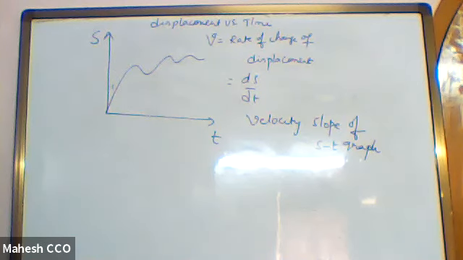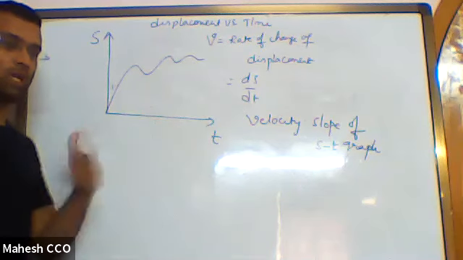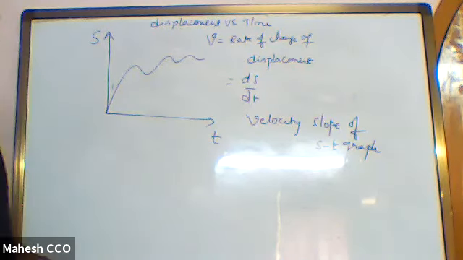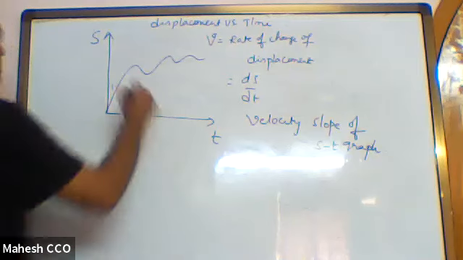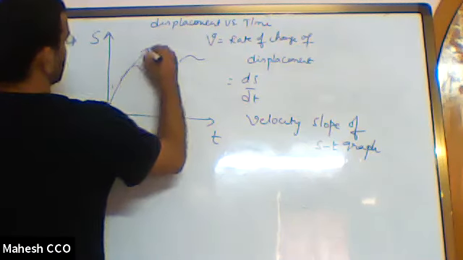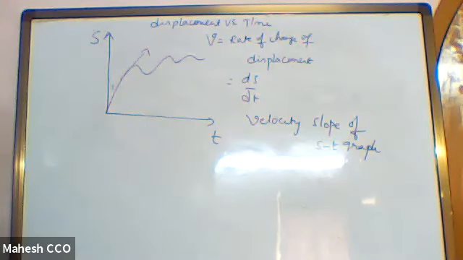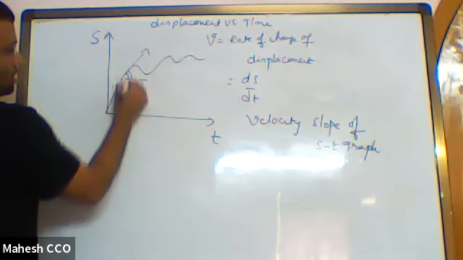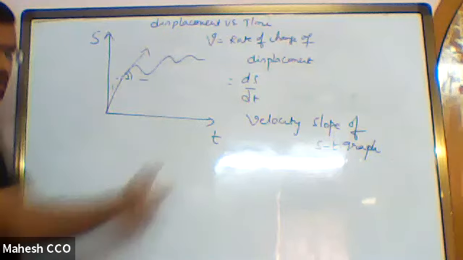Now what all can we comment based on that understanding and this graph? Let us see. If you see carefully, how do you find the slope of the tangent? Draw the tangent first. Take the angle with the x-axis, the horizontal axis, which is the time axis now.